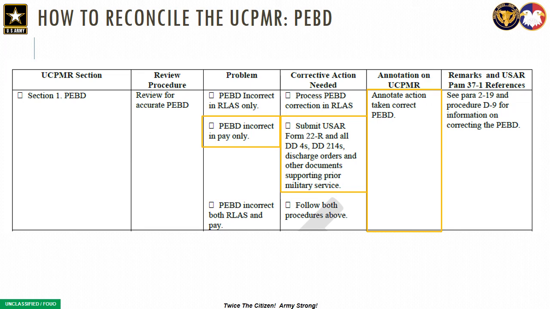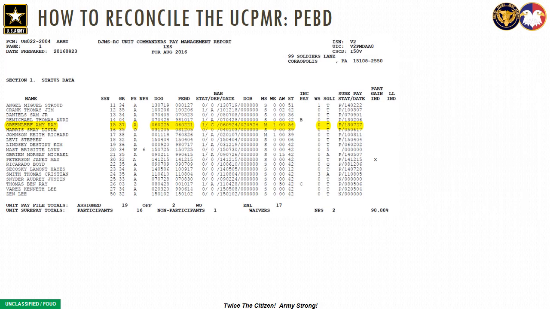The corrective action you must take is submit USAR Form 22-R and all DD4s, DD214s, discharge orders, and other documents supporting prior military service to the UPC. Once you have submitted corrective actions, you must annotate the corrective action on the report as shown in the example.